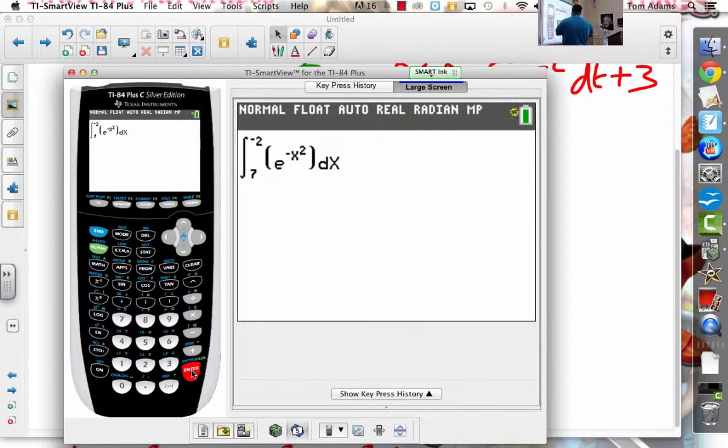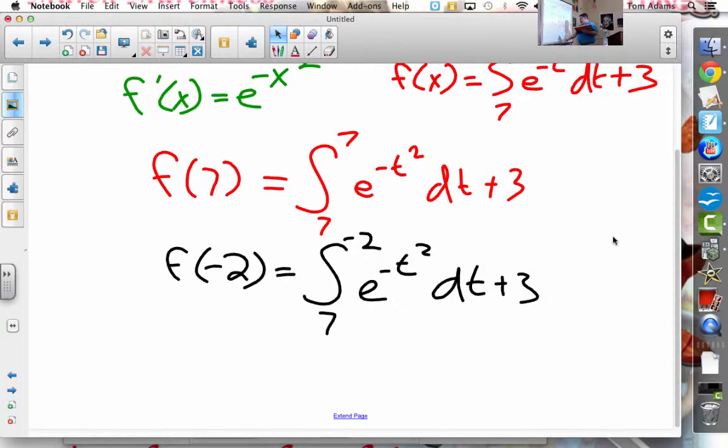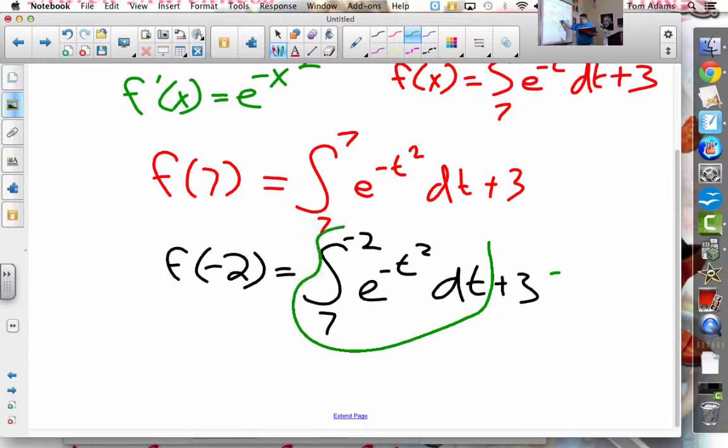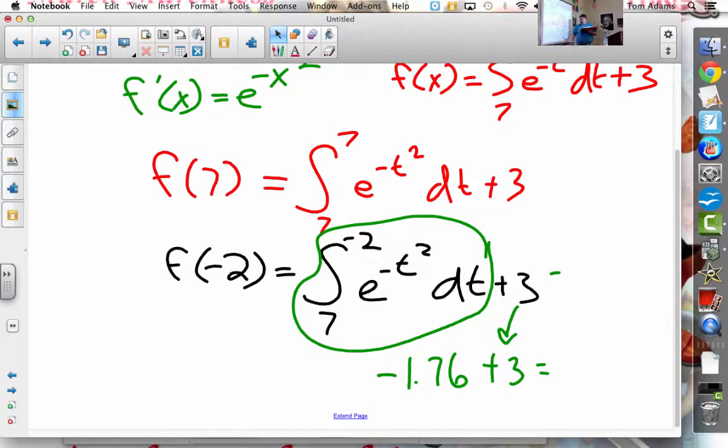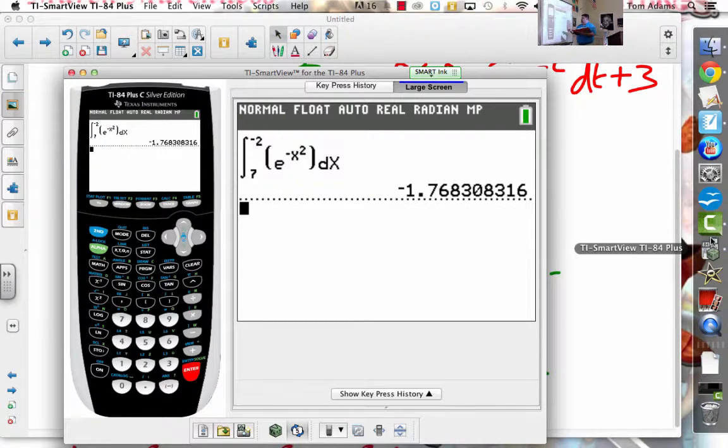So now all that's going to do is calculate the area under the curve, which is this, right? So it's negative 1.76 something. So all this stuff here is negative 1.76, and now I just need to add 3 to it. Okay? So let's go back to my calculator.